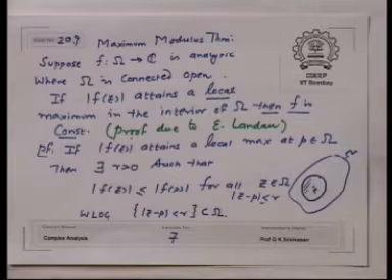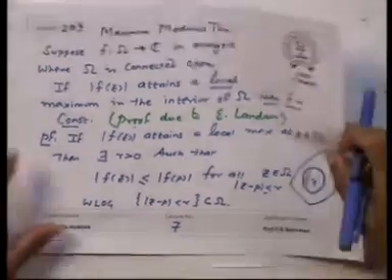Alright. What is the next step? Apply the Cauchy integral formula for the circle with center at p. What is the formula? f of p equals 1 over 2 pi i integral of f zeta d zeta upon zeta minus p.